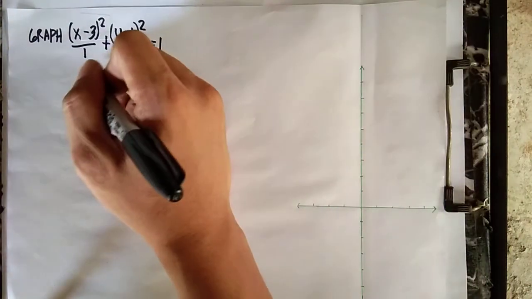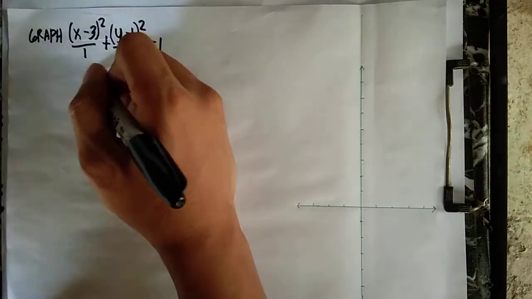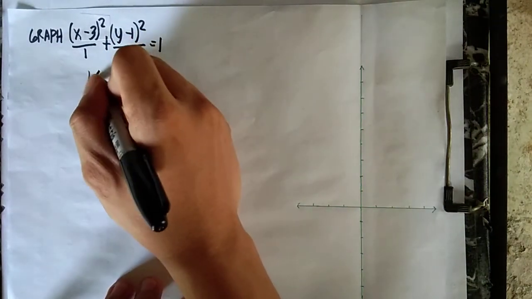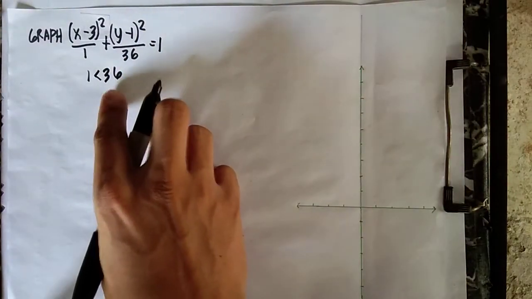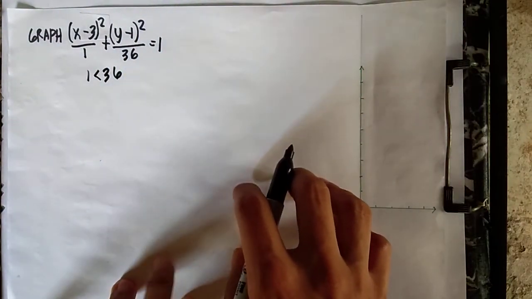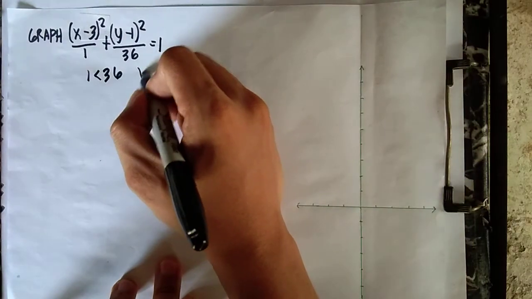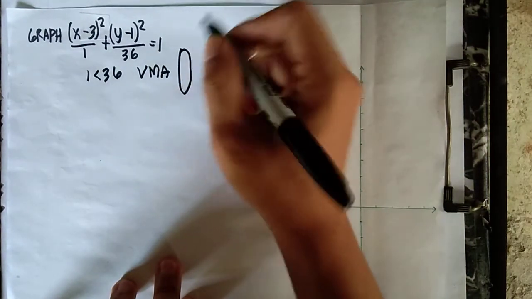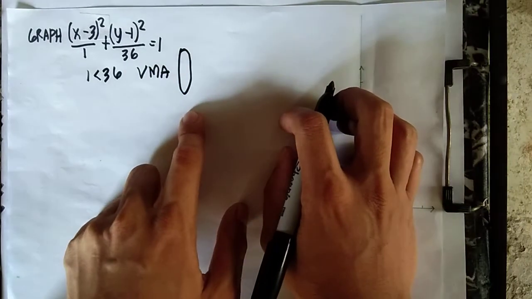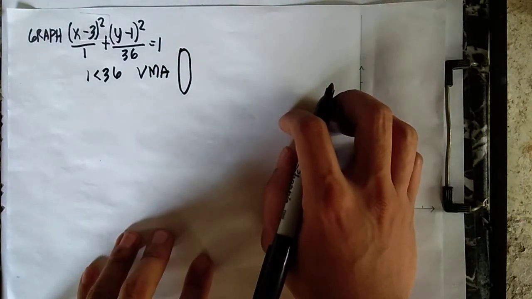So, we know that 1 is less than 36. So, since 1 is less than 36, we will have our vertical major axis or vertical ellipse. So, ibig sabihin, patayo yung ating graph. So, we can rewrite this equation.